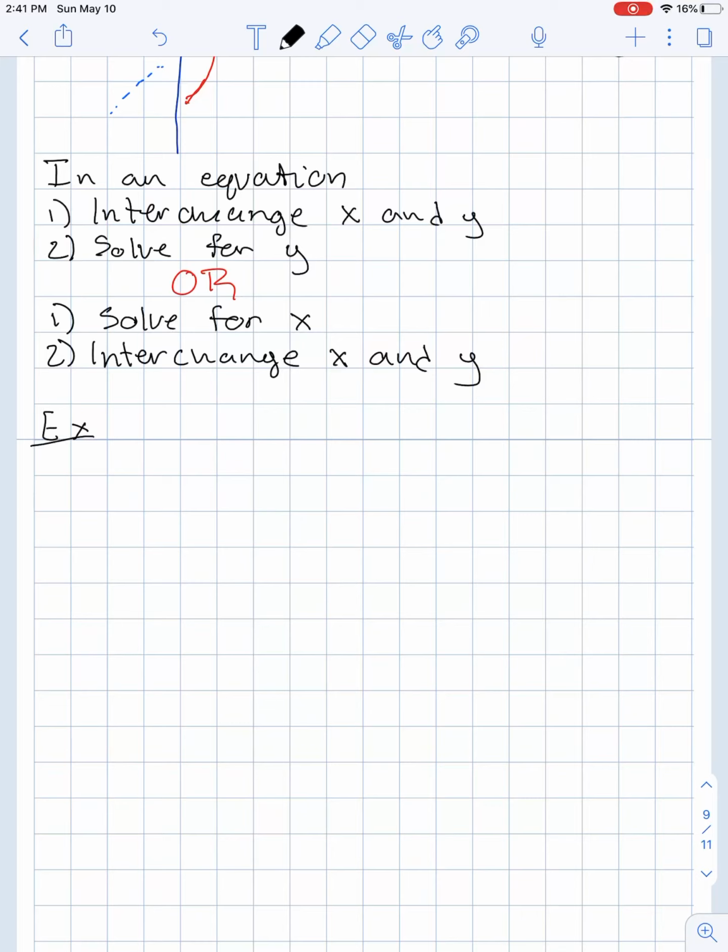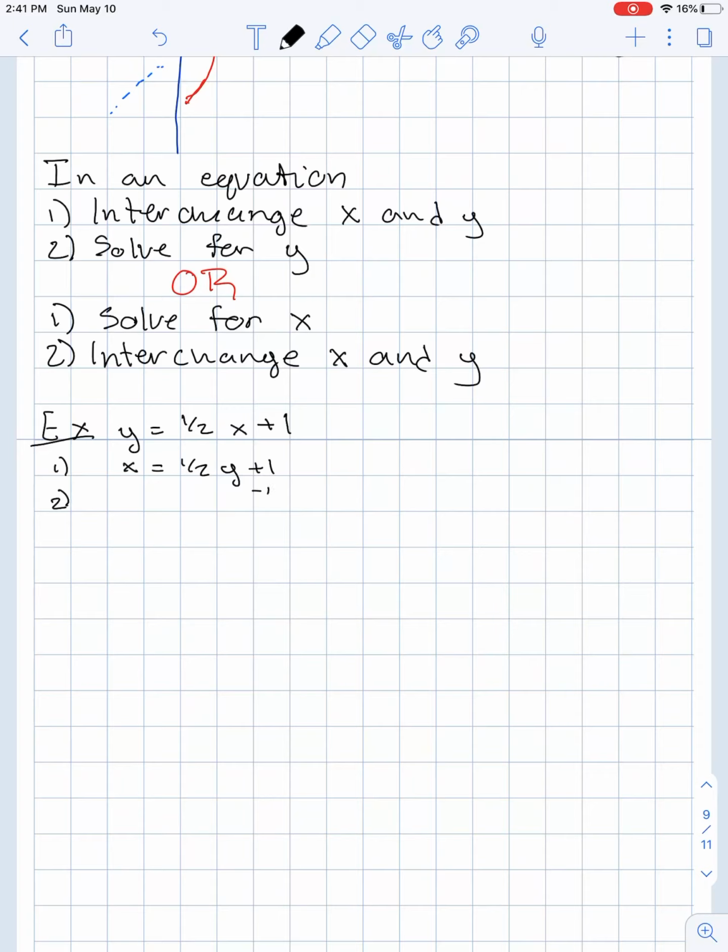Okay. So let's do a quick example of that. So say we're given y equal to 1/2 x plus 1. Well, step 1 says to interchange x and y. So now I'm going to have x equal to 1/2 y plus 1.